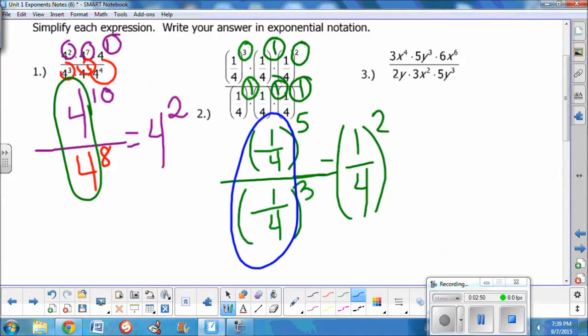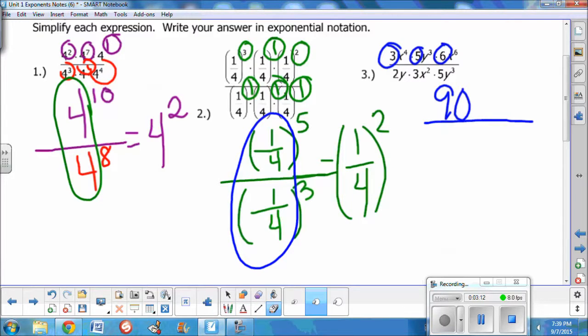We're throwing in some whole numbers. So let's take care of the numerator again. Let's focus in on the top. So we have 3 times 5 times 6. You can use your calculator if you need to. It's 90. And then when you look, we have x to the 4th times y to the 3rd times x to the 6th.